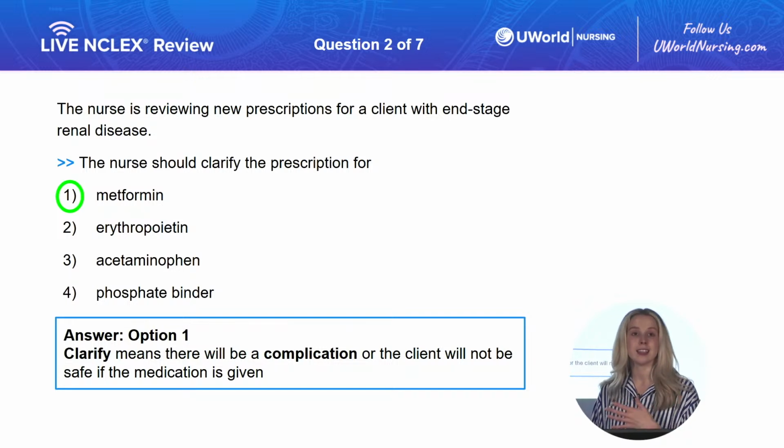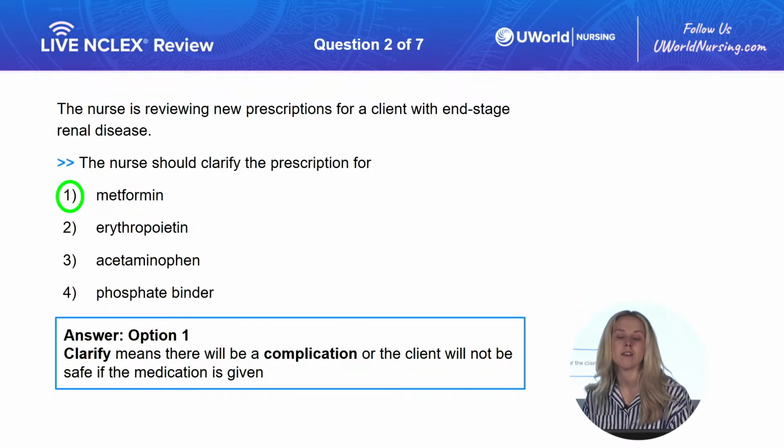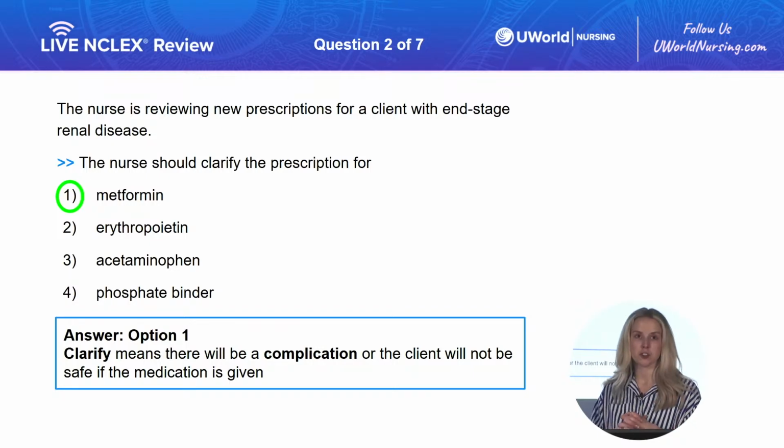Acetaminophen is not an NSAID, meaning this would be okay to give in a CKD client as long as we give it within healthy parameters. And lastly, phosphate binders. These are medications used to reduce levels of phosphate in the blood, or hyperphosphatemia, which is common to have that buildup in our CKD clients. So again, option 1 was our correct option because we need to clarify it because there's a risk for complication with metformin in CKD clients. But great job, you guys.